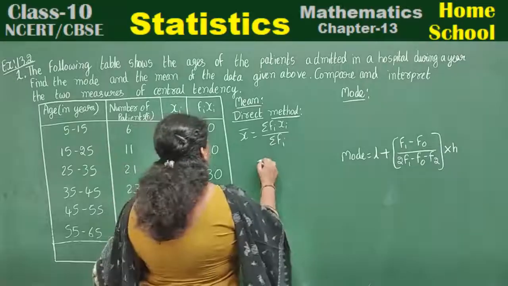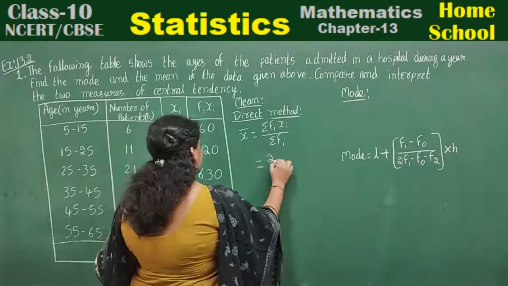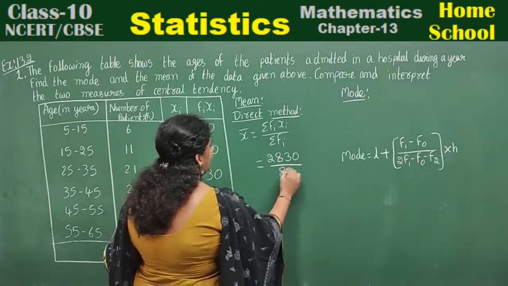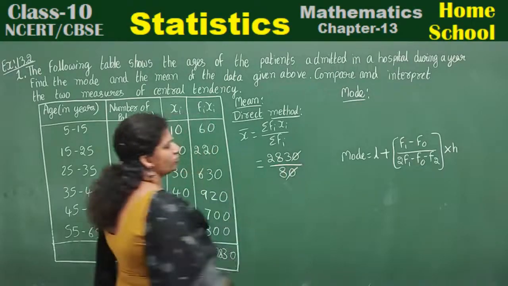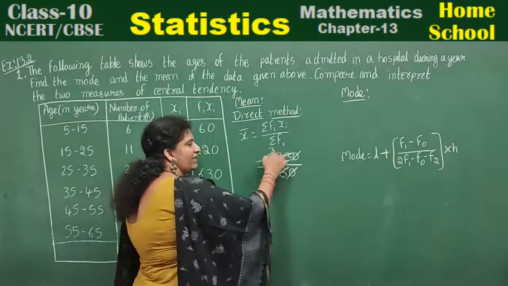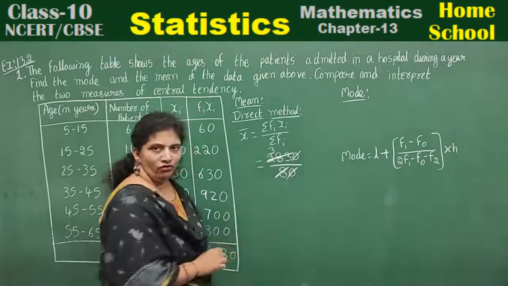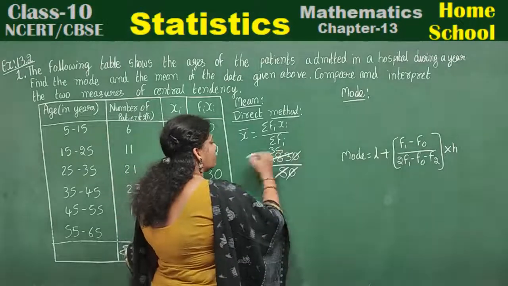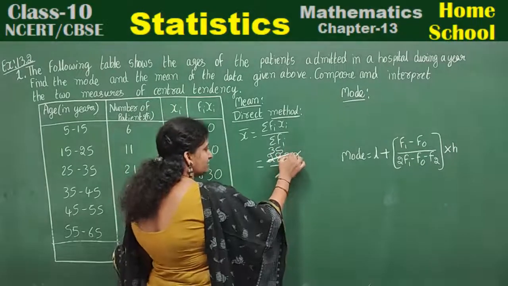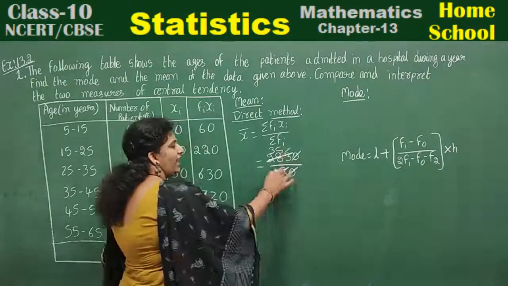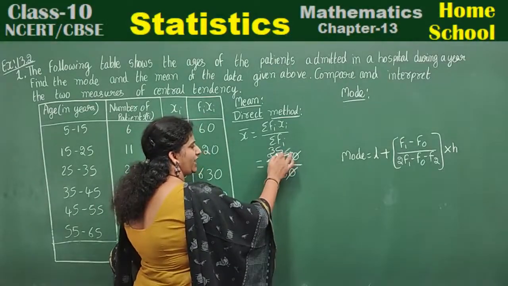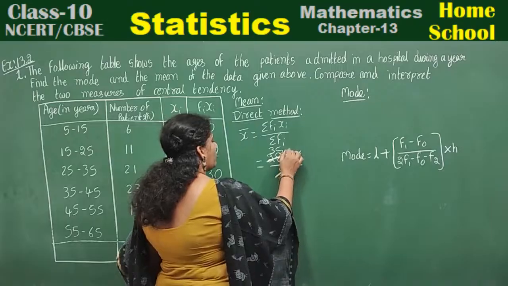Substitute in the formula: summation fi xi is 2830 by 80. 0, 0 cancel. 8 3s are 24, 4 is left. 43, 8 5s are 40, and 3 is left.